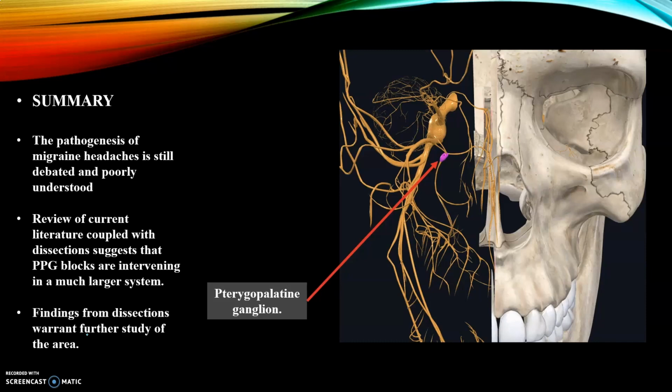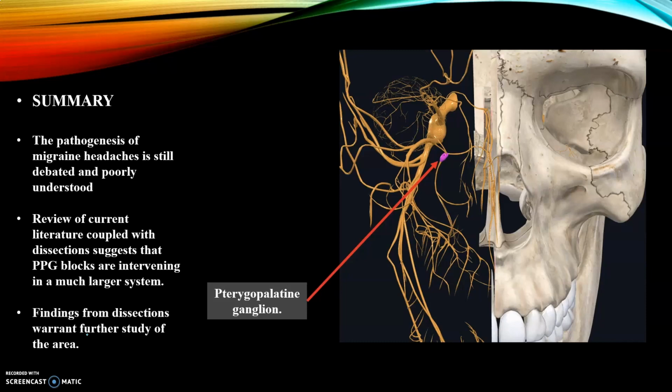And the pathogenesis of migraines is, again, very debated. So neither of those mechanisms are a complete catch-all. There's still a lot of unknowns and factors that we don't fully understand.